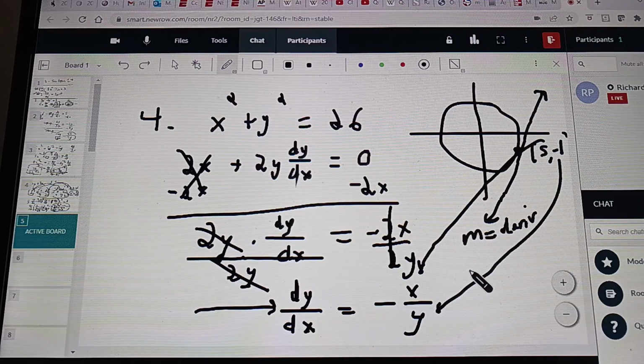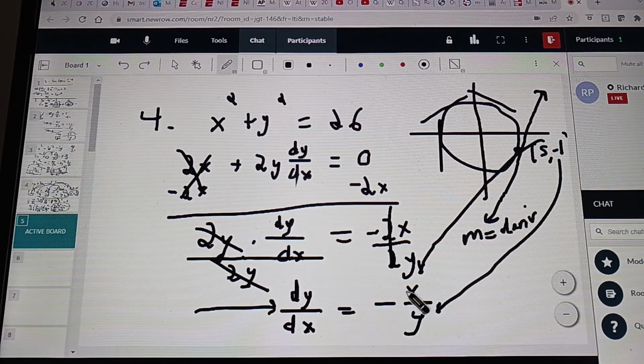If I move to a different spot, the value of the derivative will be different. But that should make sense, because no matter where you go around this circle, the tangent lines are going to be different. That tangent line is different than this one, which would be different than this one. So if you get different coordinates, you're going to have different slopes. And that makes sense, because the tangent line is going to change directions when you move around the circle.